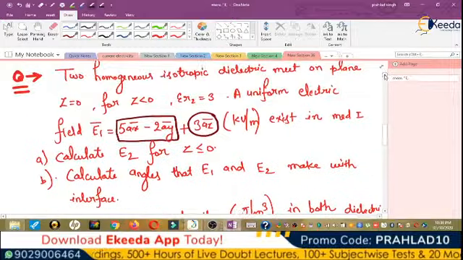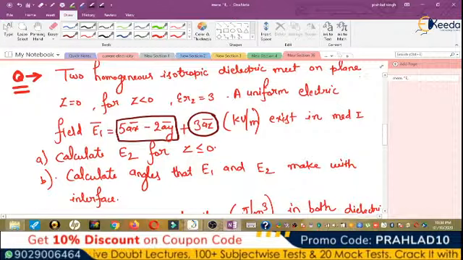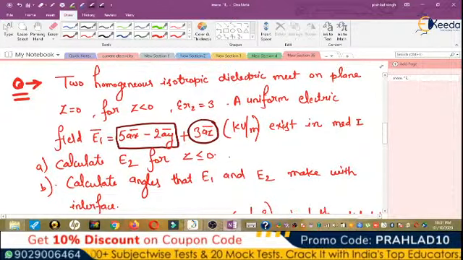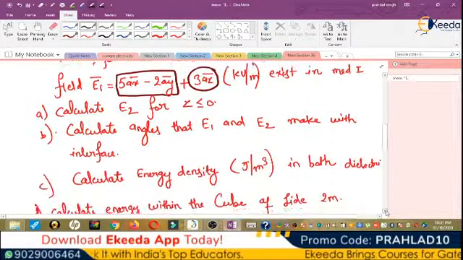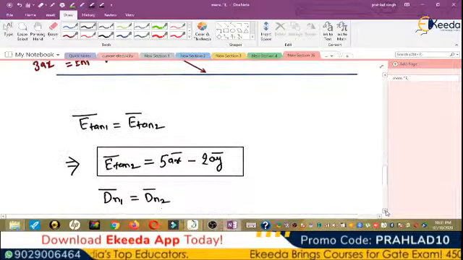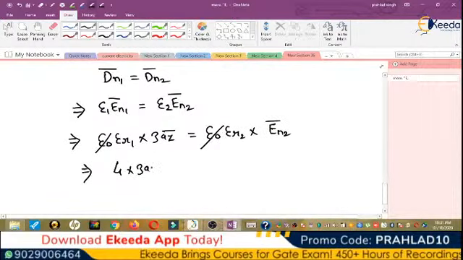Epsilon r1 is given in the question. Wait one minute, let me check this. What is epsilon r1? It is given 4. So I'll put the value 4 into 3az.